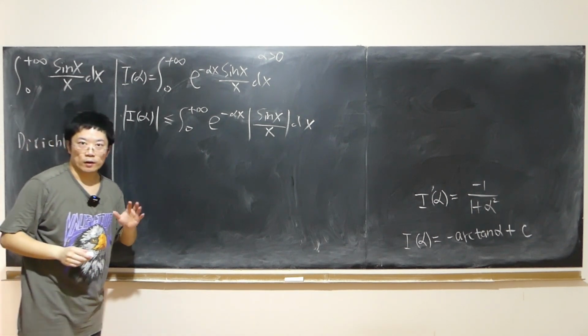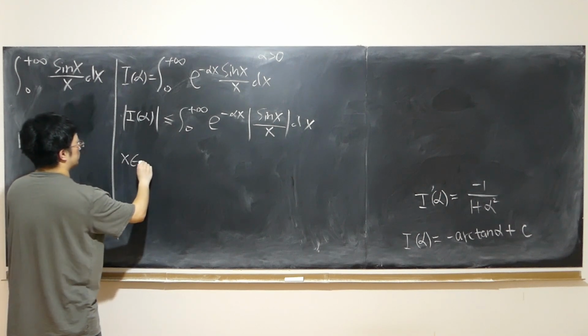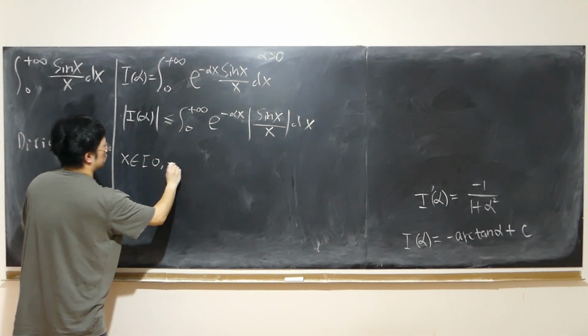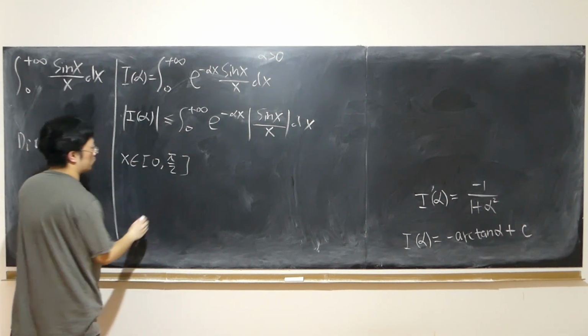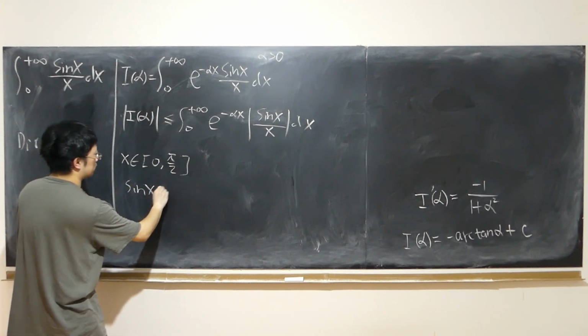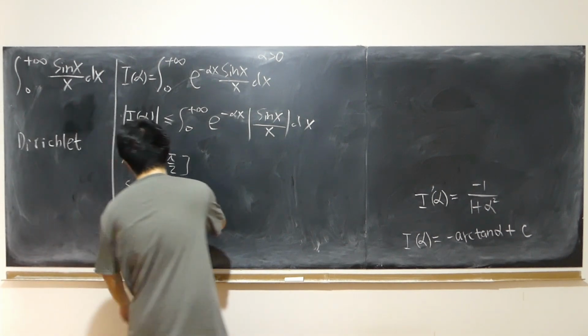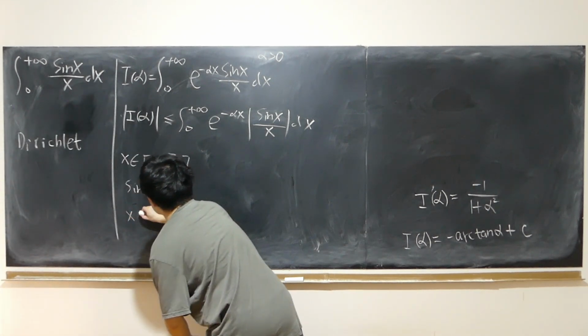But knowing the well-known inequality, if x is within 0 to half pi, sine of x must be less than or equal to x. This is easily verifiable.